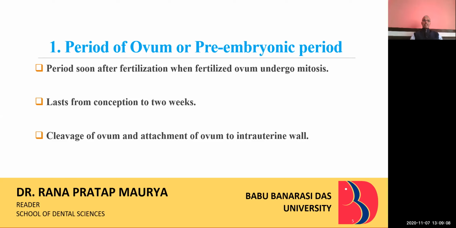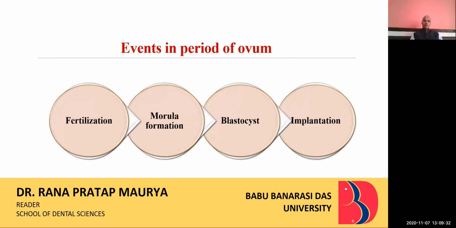In this stage, there is cleavage of the ovum from a single cell to a multicellular stage, till blastocyst formation occurs, and these blastocysts are attached to the intrauterine wall.